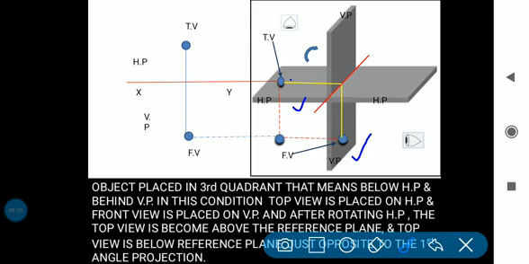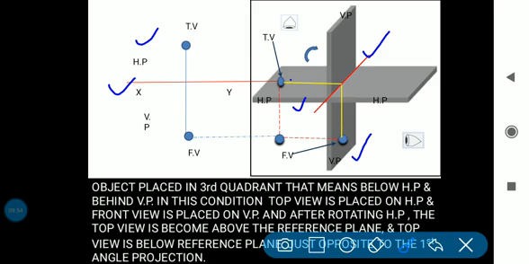So you see the vertical plane and horizontal plane meet at a reference line. This is the reference line, XY is the reference line. After rotating the horizontal plane at an angle of 90 degrees, the horizontal plane becomes above the reference line, see it.